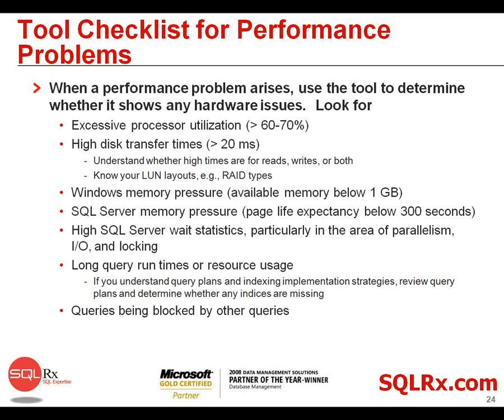Memory pressure: if Windows Available gets below 1 gigabyte, in this day and age, that's pretty iffy. Especially if you have anything happening outside of SQL's environment, like loading files into SQL Server, you need extra memory for Windows for those kinds of things.